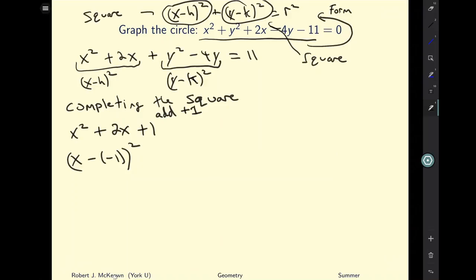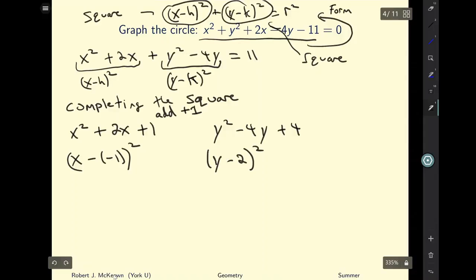Now let's take a look at the y side of the expression. We've got y squared minus 4y. And I'd like to complete the square and turn this into a squared expression. I'm going to add 4. And if I add 4, I can rewrite this thing as y minus 2 squared.